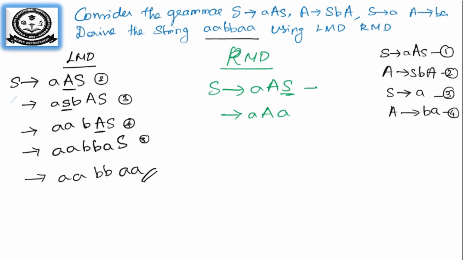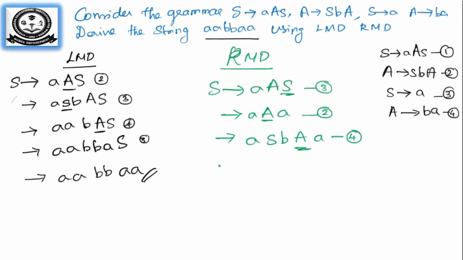Which rule? I use rule number 3. Now instead of A, I need one more A before that, so we'll use the second rule. If you use the second rule, A, S, B, A. Now from the right, this is the rightmost non-terminal symbol A. For this I can substitute BA because the ending symbol is BAA, so we'll use rule number 4.